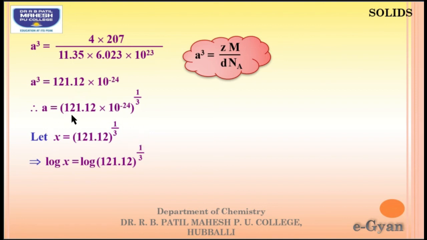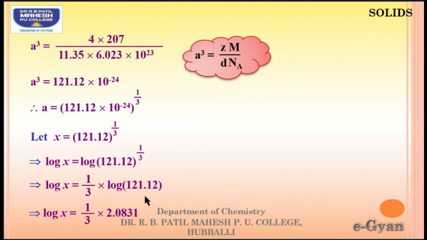So I have taken this step once again. x I have taken as 121.12 to the power 1 by 3, taking log on both the sides. Now let us solve. Log x is equal to 1 by 3 into log 121.12. The log of 121.12 value is 2.0831.